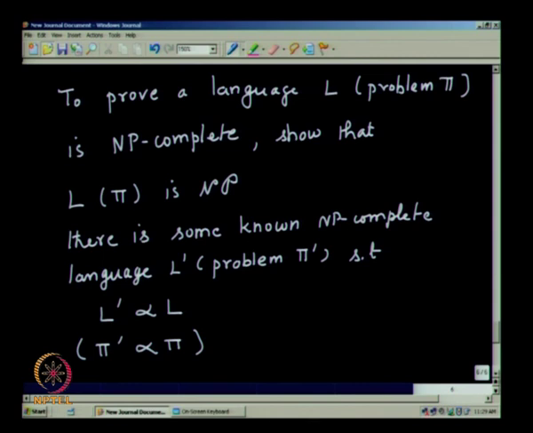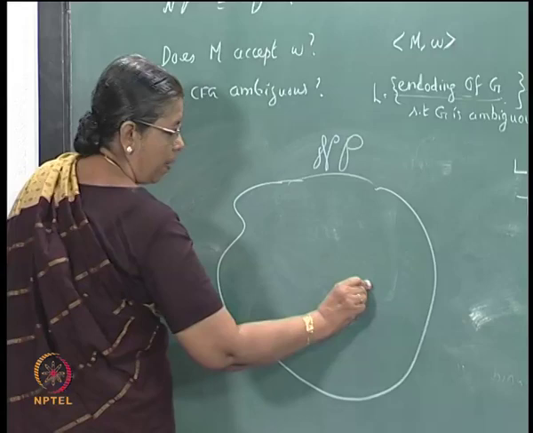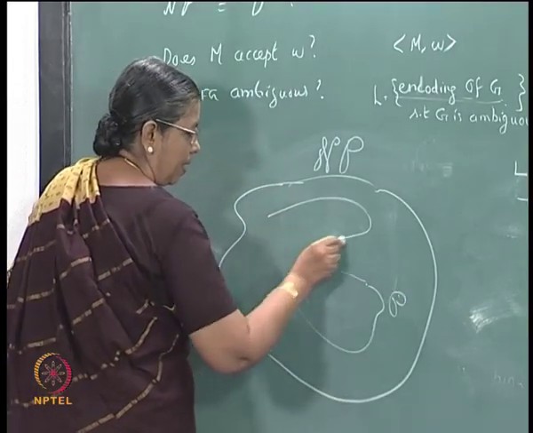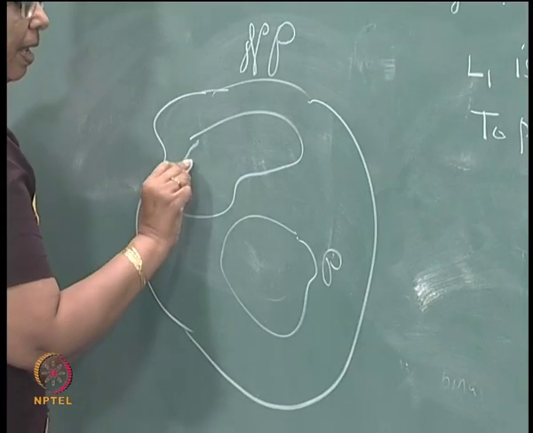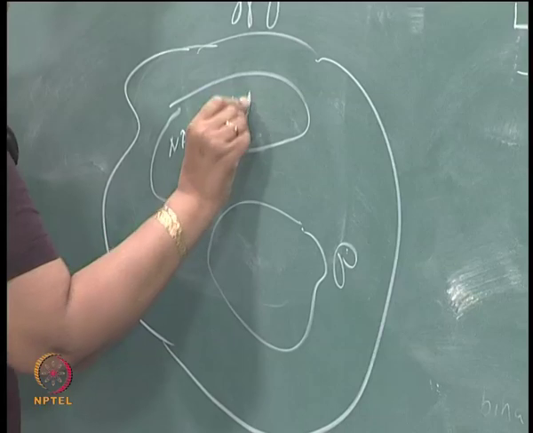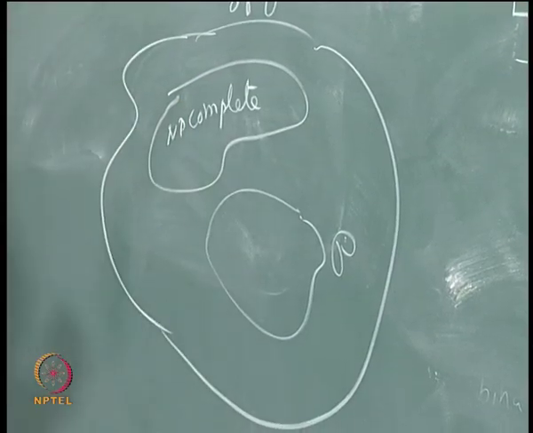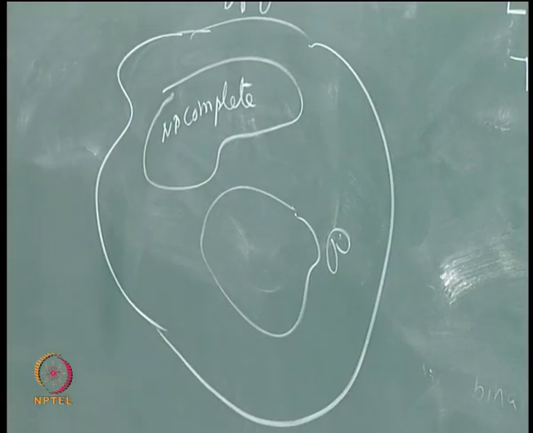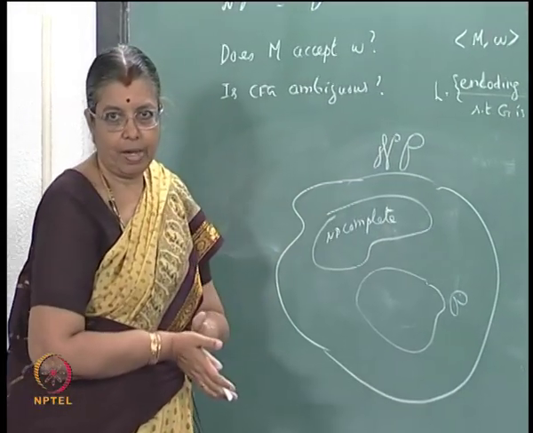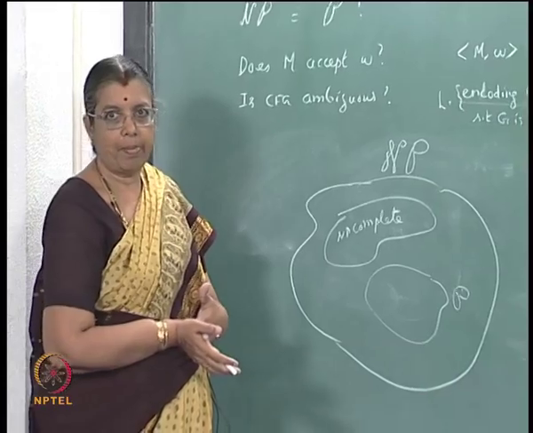So, the class is like this: NP is this class, and P is like this, with the NP complete problems. The current picture looks like this. Whether this is proper inclusion or not, we do not know, it is still an open problem.